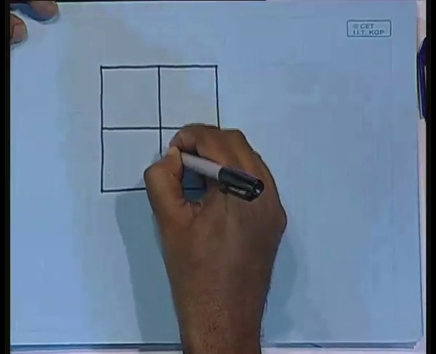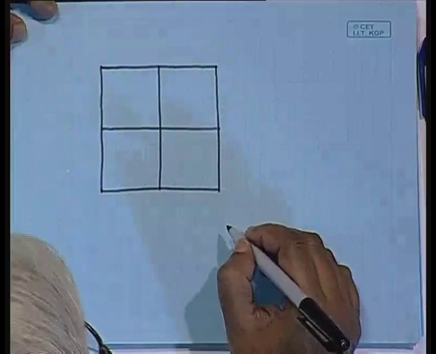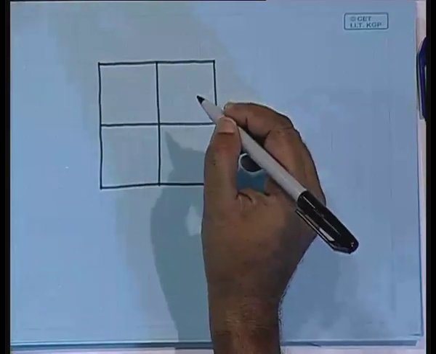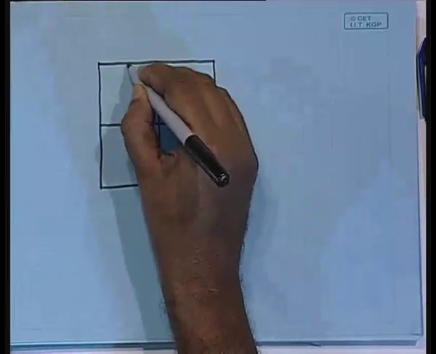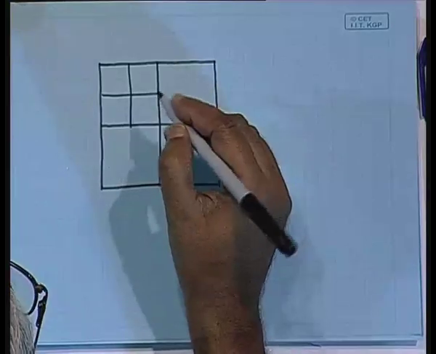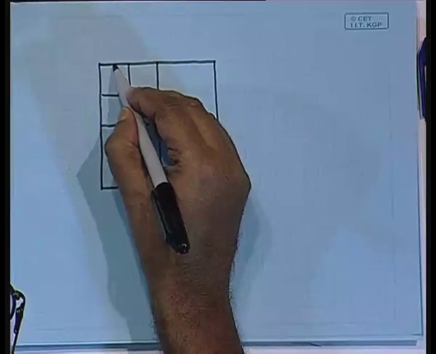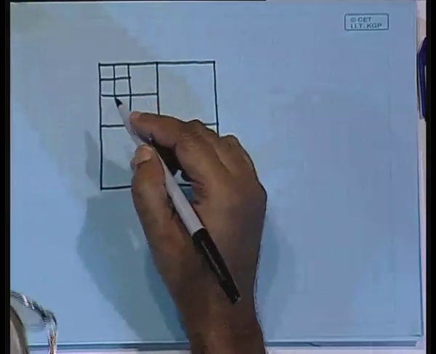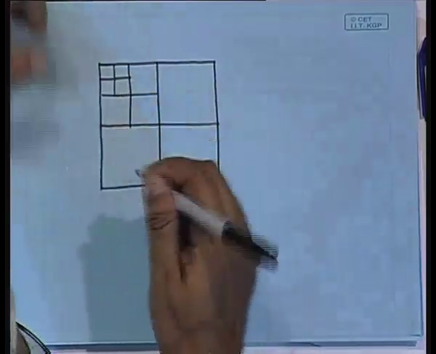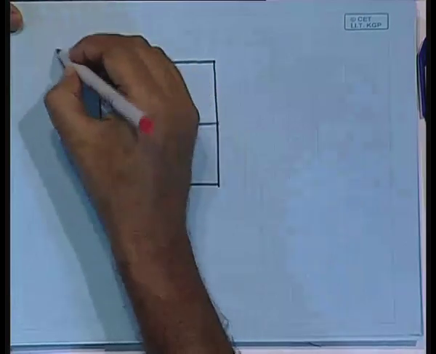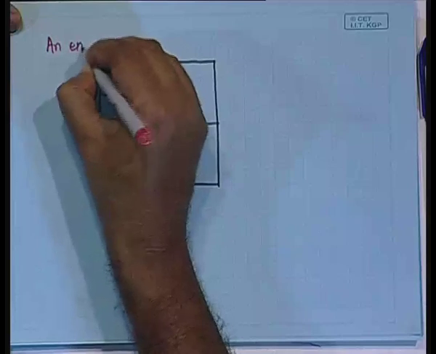This is level 1 of partitioning, so that every partition is 4 by 4, and then I partition this further so that every band is 2 by 2, and this 2 by 2 is also partitioned, so that we can go up to 1 by 1. Now, let me write down some typical example numerical values. This is an encoding example.